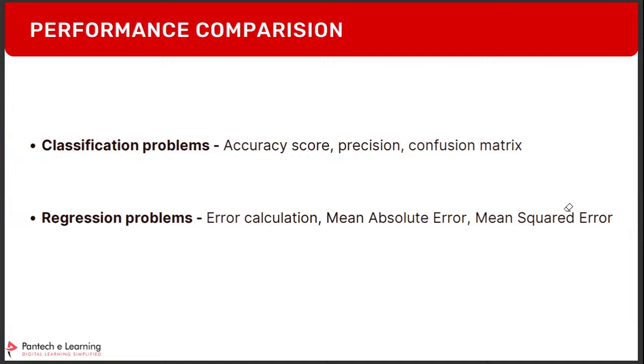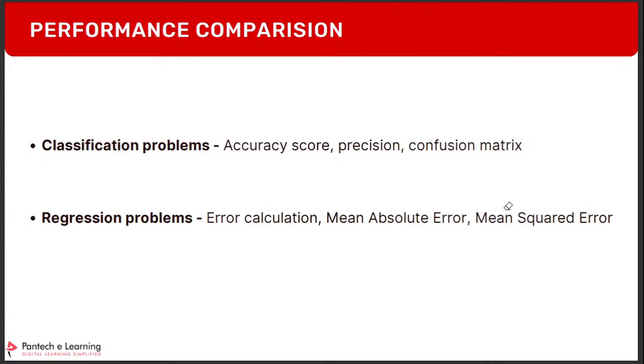For classification problems, you can use accuracy score, precision, confusion matrix, classification report, ROC curve, etc., which can be utilized from sklearn.metrics. For regression problems, you can use error calculations like R2 score, mean absolute error, and mean squared error. Once again, the error is calculated with different formulas.